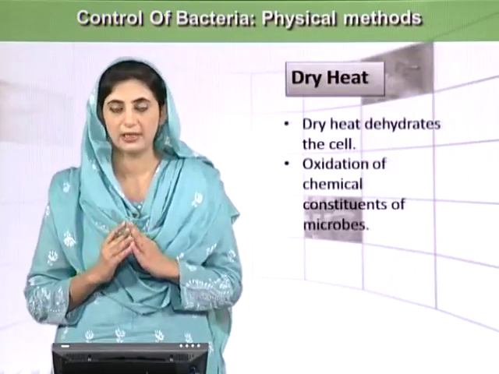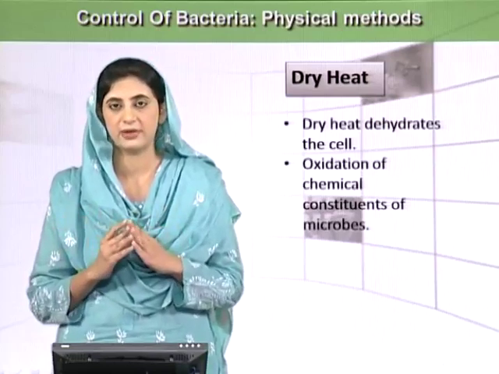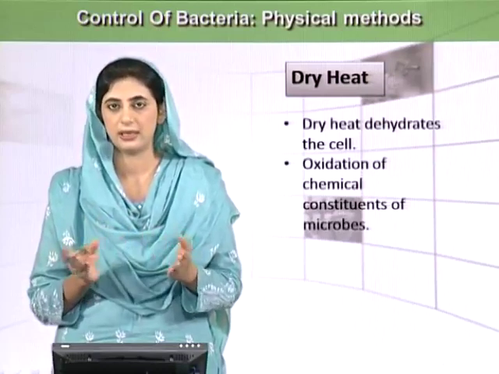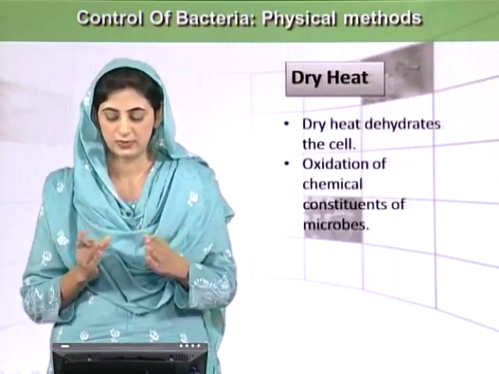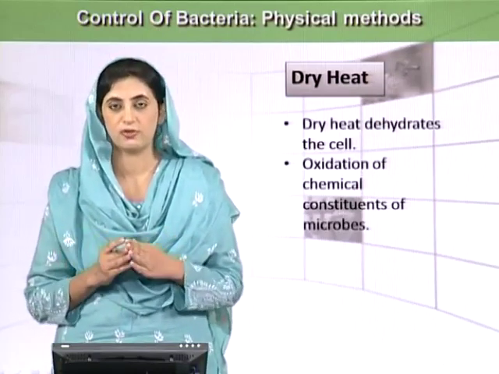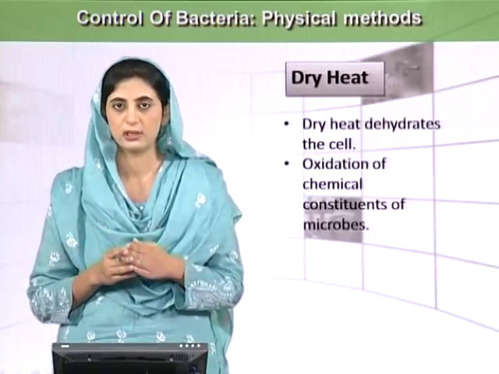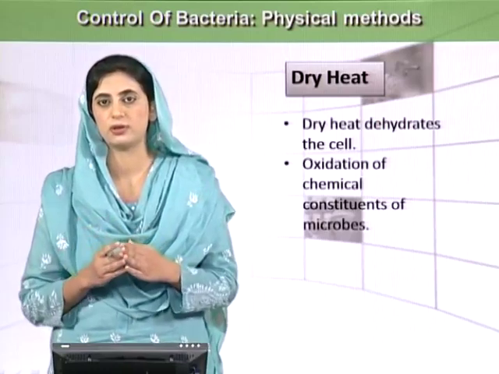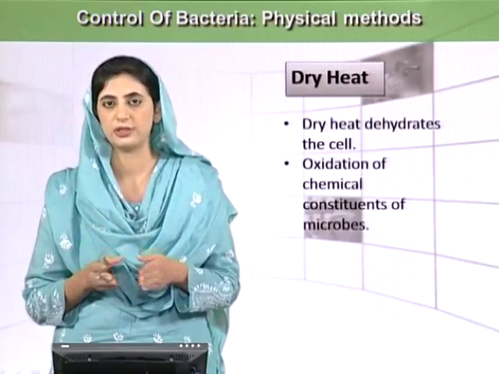Talking about dry heat, it actually dehydrates the cell, and as a result of dehydration the cells die. The other effect is oxidation of chemical constituents of microbes, and as a result of oxidation the object or microbe is converted into ashes.